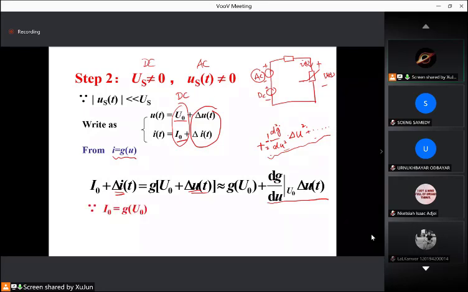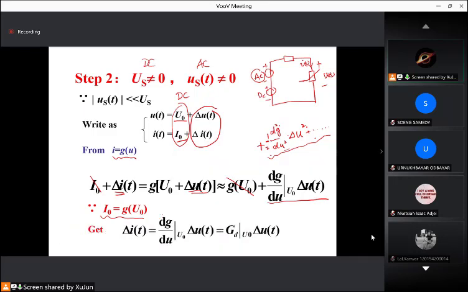I0 equal to G(U0). This is the static work point, so this part is deleted. Delta IT equal to this part, dG/dU at U0 times delta UT. And this part we define as the dynamic admittance. This is the result caused by the AC source.